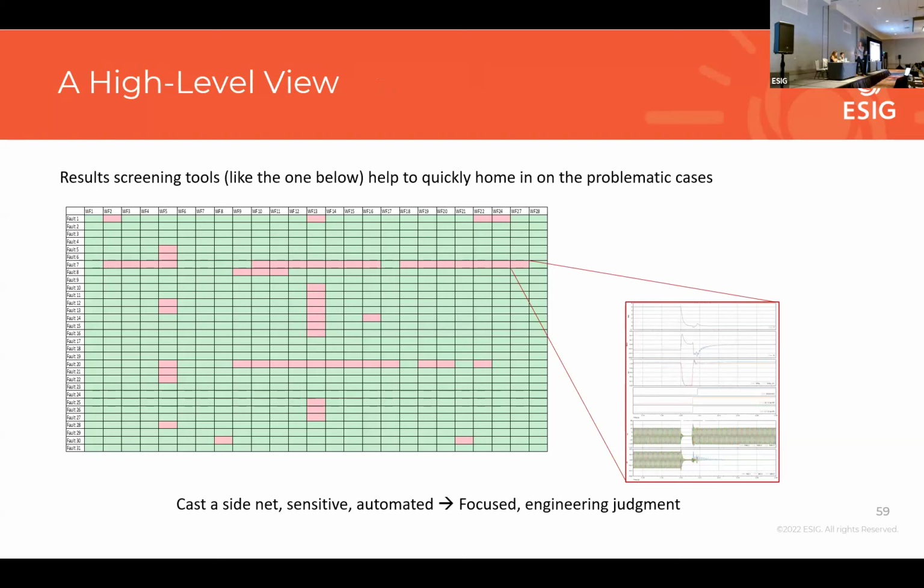So one approach for doing this is taking it in layers and looking at a high level. You have some automated screening tools and processes, some techniques where you can have some automation basically look at all of the relevant waveforms for you and look for different markers of those.